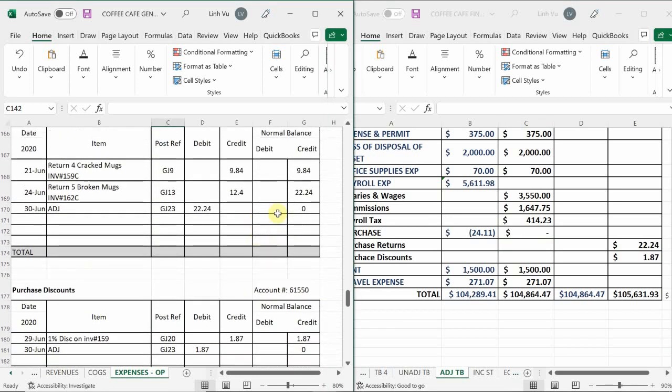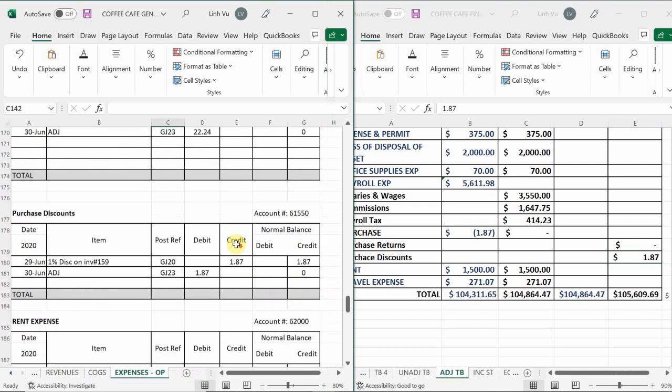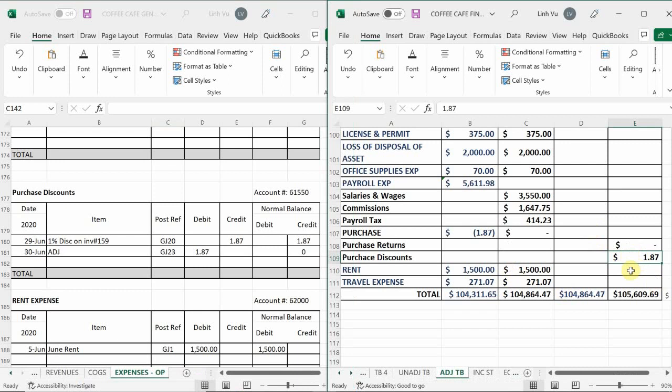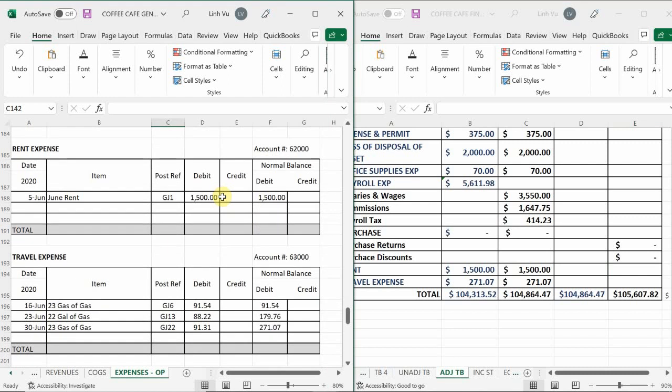Okay, so therefore, my purchase returns and allowances is also zeroed out. Okay, and my purchase discount is also zeroed out. Okay, so right now, my total purchases is 0. Okay.